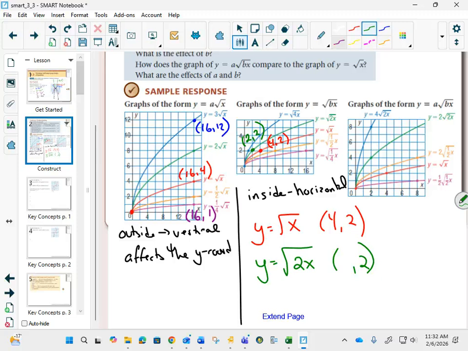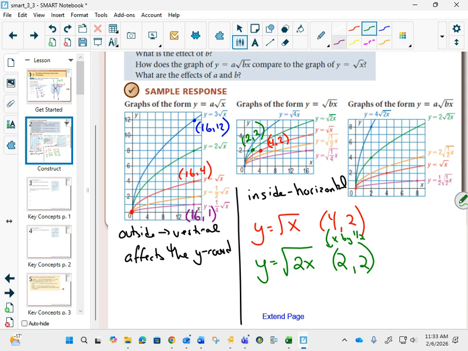I'd have to plug in 2, not 8, right? Like if we multiplied our x value by 2, we think 8, right? But instead it's always the opposite, because now you're thinking, what would I have to plug in to get 2? I'd have to plug in a 2, which is causing my x to be multiplied by a half.